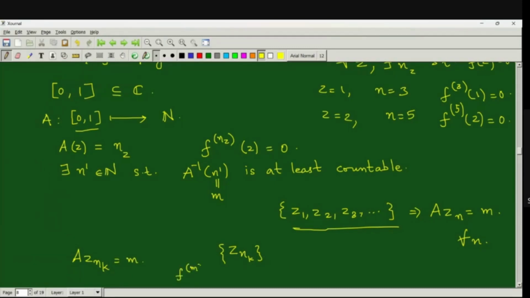The mth derivative of f acting upon z_nk is going to be 0. So you have a limiting sequence and an analytic function with 0 on that countable set.